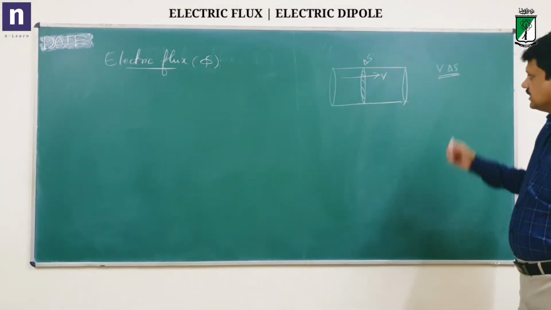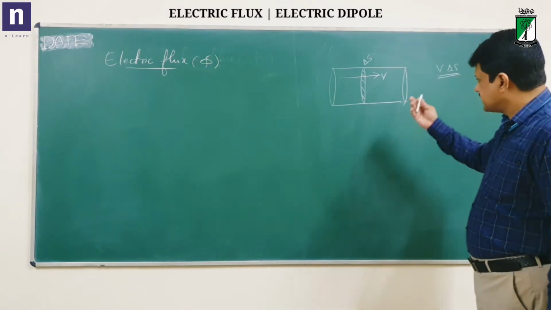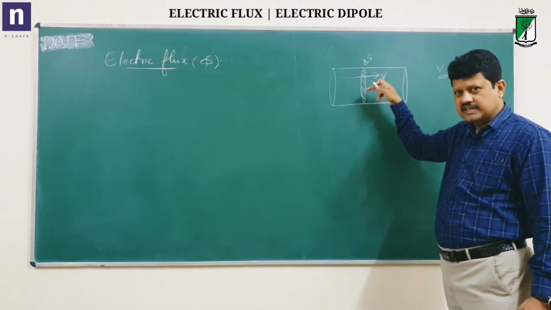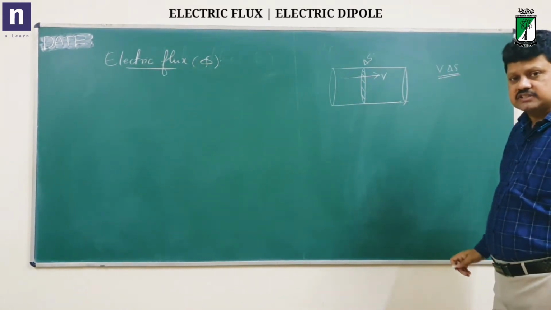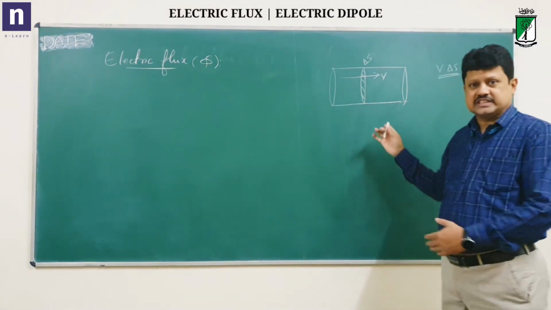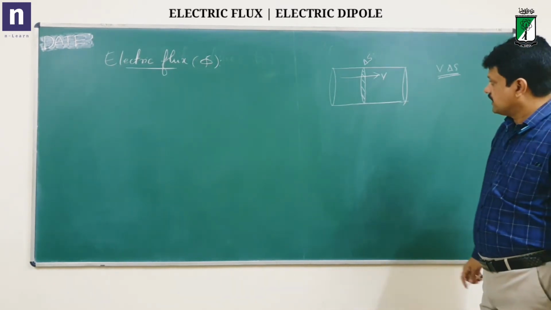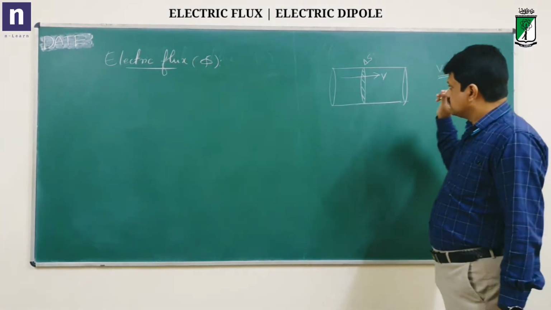How do you get this? Volumetric flux is nothing but the rate of flow of liquid, that's all. So volumetric rate of flow of liquid through this cross-sectional area is volumetric flux. That is the volume of water which passes through this area in unit time, through unit area in unit time, that is called as volumetric flux. So how do you do that?